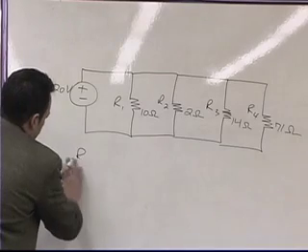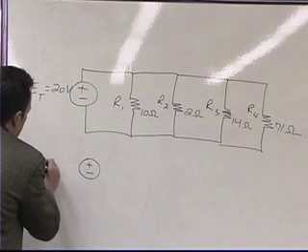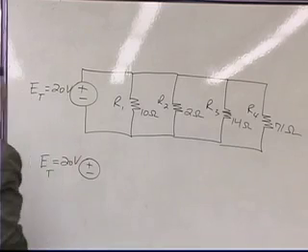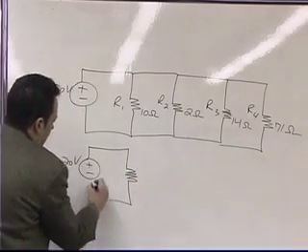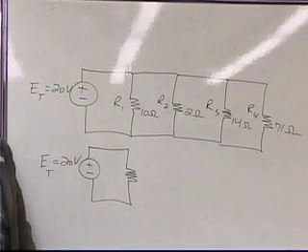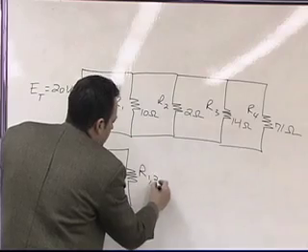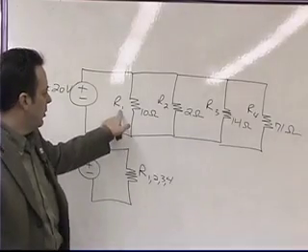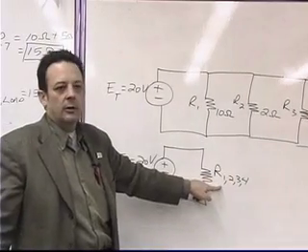Well, first of all, let me draw the equivalent circuit. The equivalent circuit would be the same battery, so it would have a total equivalent electromotive force of 20 volts, and it would have 1 resistor, and that 1 resistor would represent the effect of all 4 of those resistors. Okay? And we could either call that R1234. Notice how we're accounting for resistor 1, resistor 2, resistor 3, and resistor 4. And this is just a notation here.